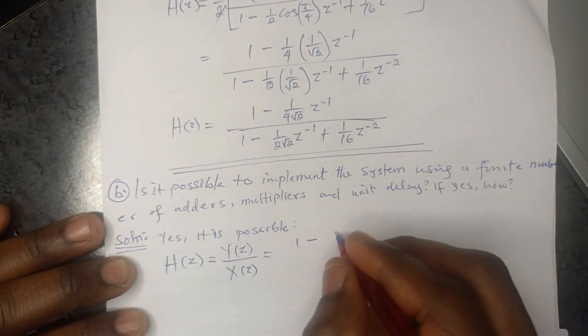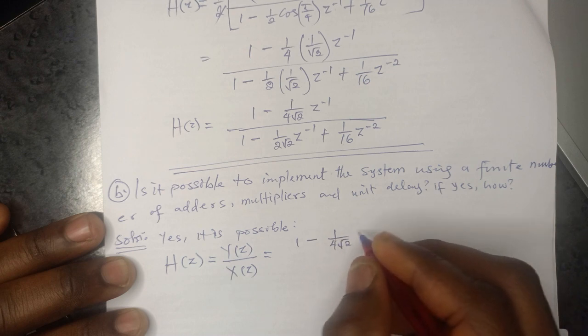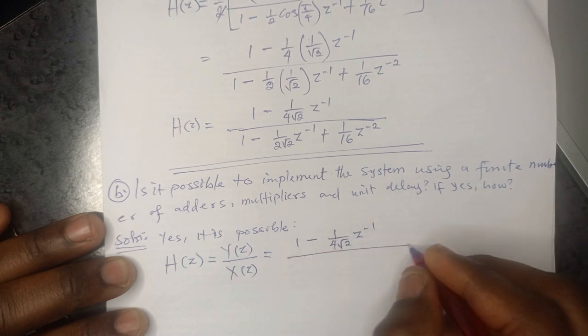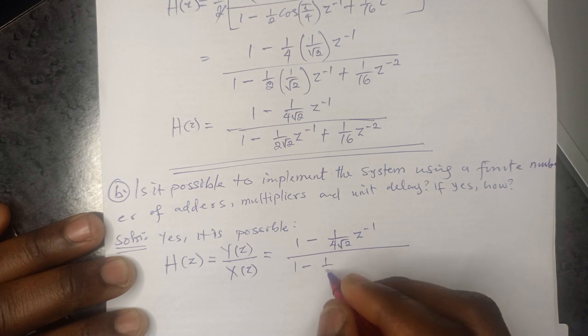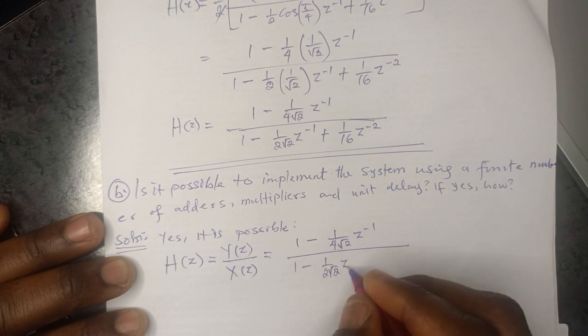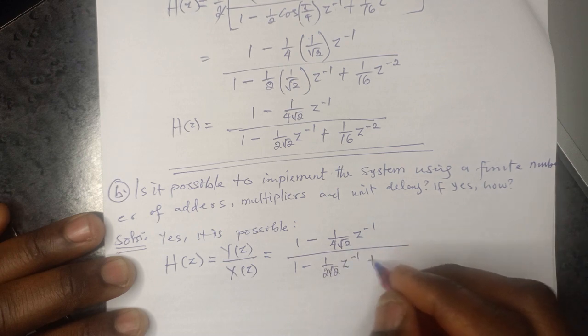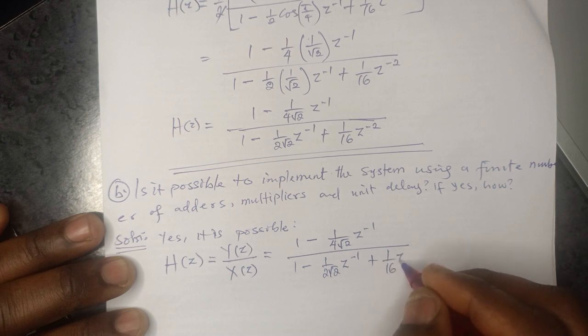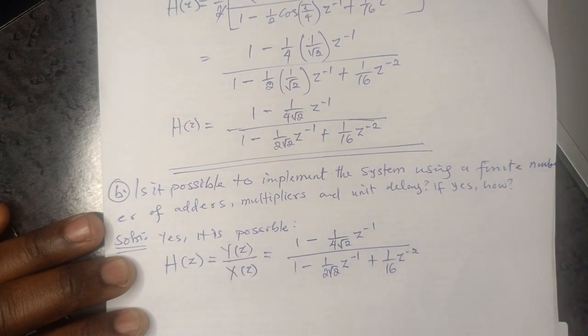And that is 1 minus 1 all over 4 root 2 z raised to the power minus 1, all over 1 minus 1 all over 2 root 2 z raised to the power minus 1 plus 1 all over 16 z raised to the power minus 2, right?